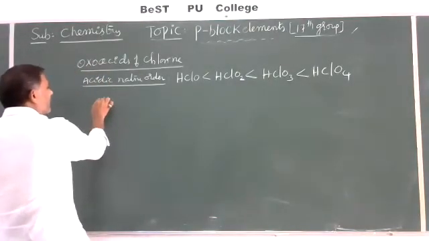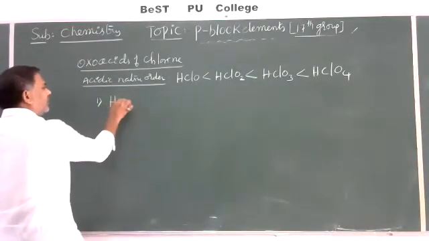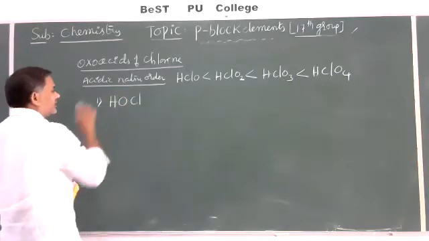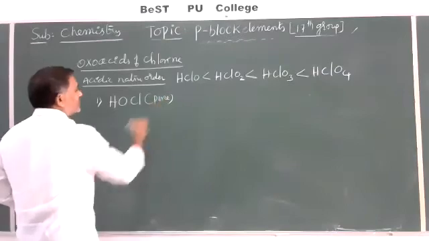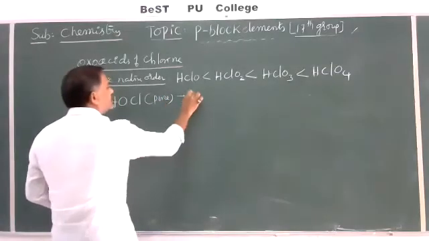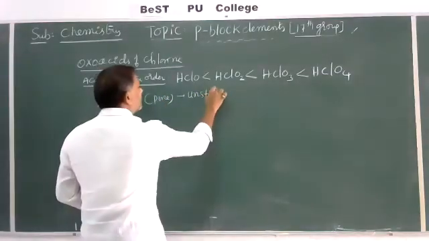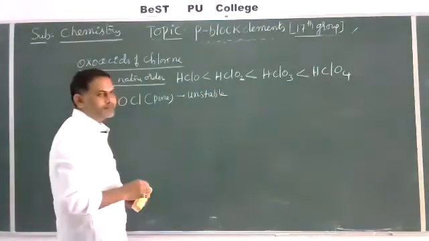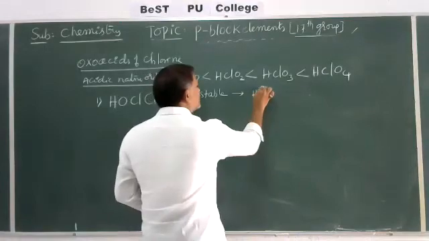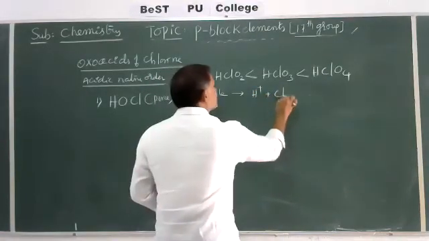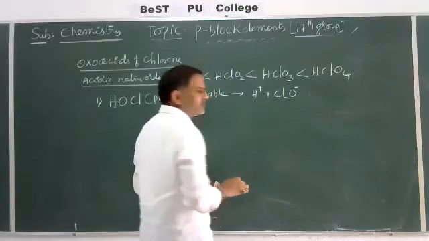Now, regularly, first one we can take is HOCl. In pure form, in pure state, it is unstable. So it dissociates and gives H plus and ClO minus.